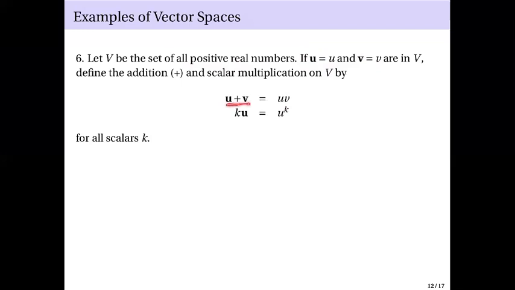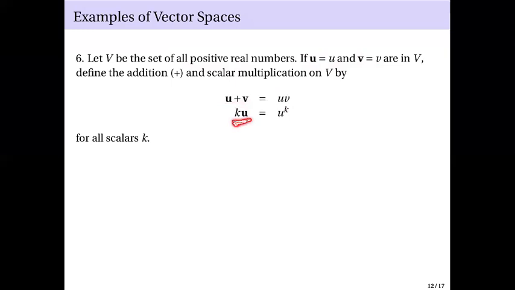So in here, you have the boldface u and v, you add them. On the right-hand side, you have the italicized u and v, you multiply them. The boldface characters are objects in V. The italicized characters are the real numbers representing the objects. So the addition in V is u times v.